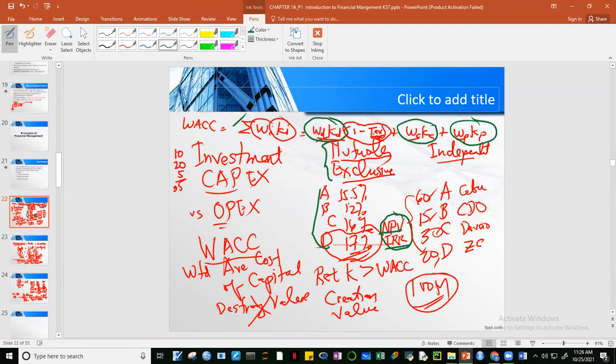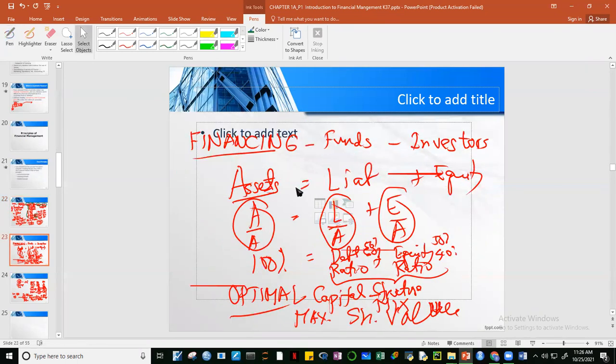So if the tax rate is 30%, then the weighted cost of debt will only be 70% of its weight. Compare that with the cost of equity, common stock, and cost of preferred stock, where we don't have tax savings. So that takes care of our investment decision making.